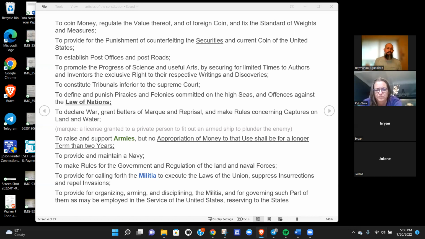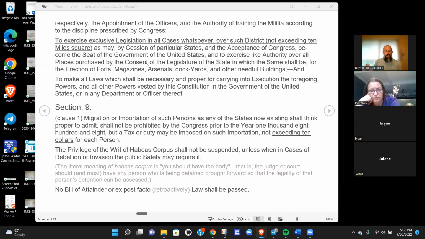All right, Congress has the power to provide for organizing, arming, and disciplining the militia, and for governing such part of them as may be employed in the service of the United States, reserving to the states, respectively, the appointment of the officers and the authority of training the militia according to the discipline prescribed by Congress.